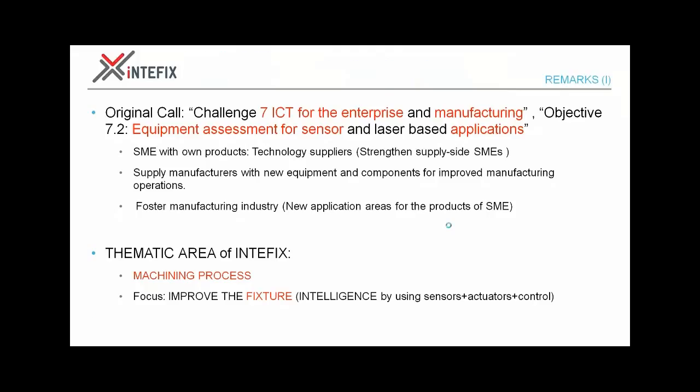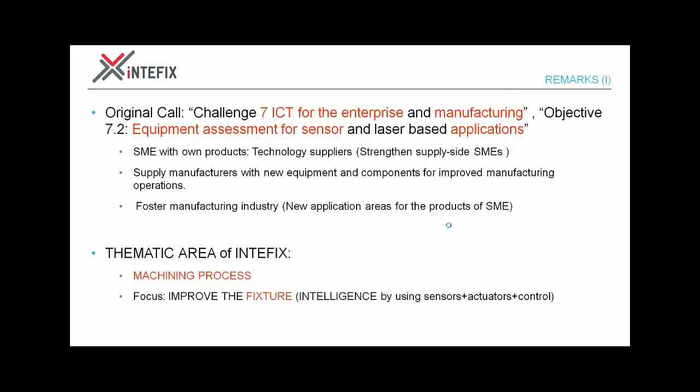So after this long and tedious description of the work package and case studies already defined in the project, I will try to make some remarks about the participation in the open call. Okay.